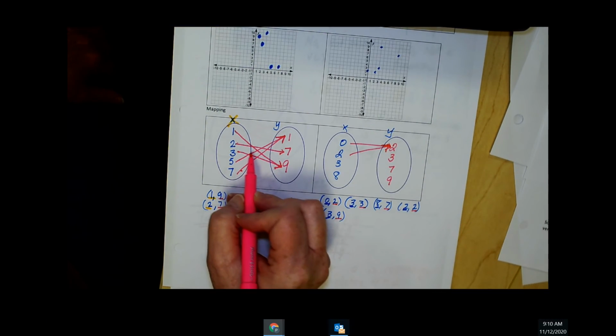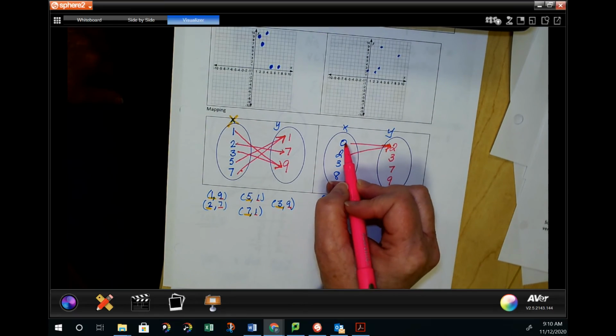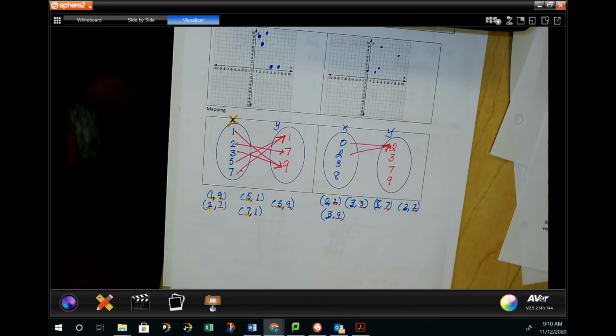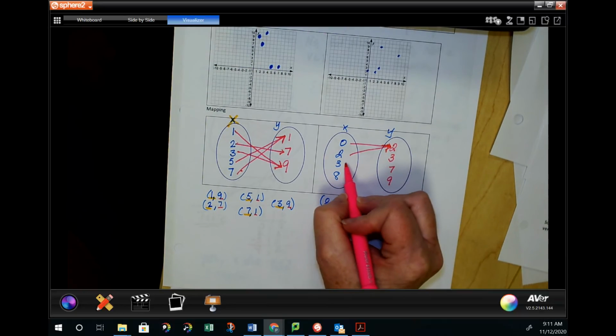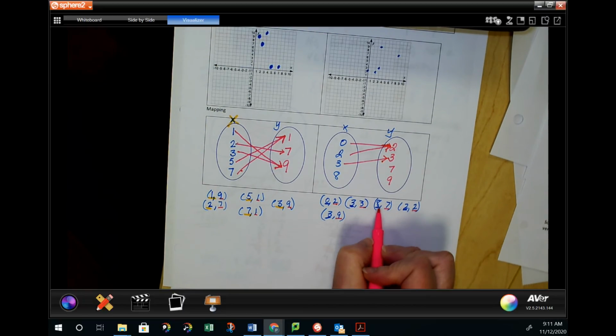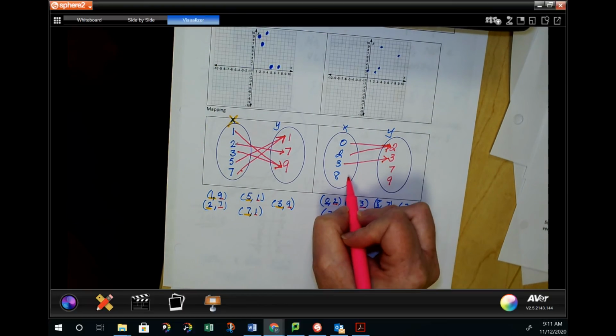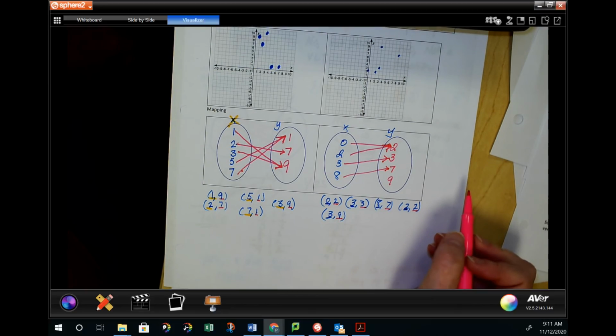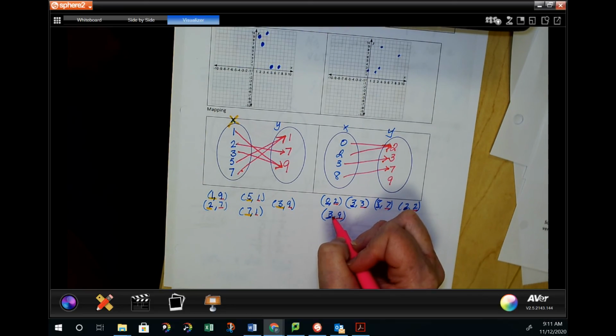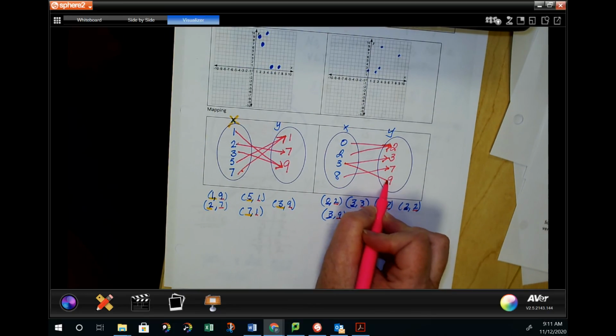And we determined over here that that's okay, that 0 and 2 can be in the same place at the same time. 3 goes to 3. And then I have 8 goes to 7. And 2 goes to 2. And then, oh wait, I have 3 goes to 9. So 3 goes to 9.